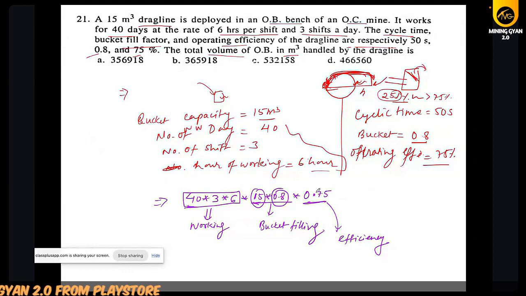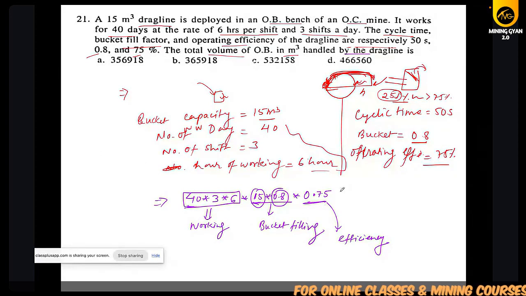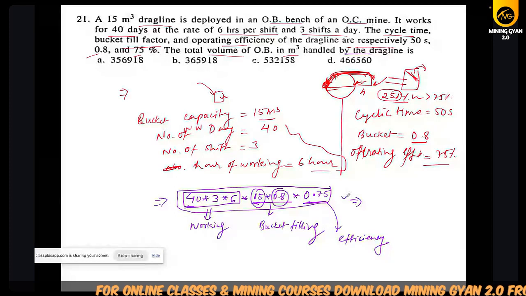Okay, so it will come in hours, the total of OB handled by the drag lines. Then you will multiply with it.